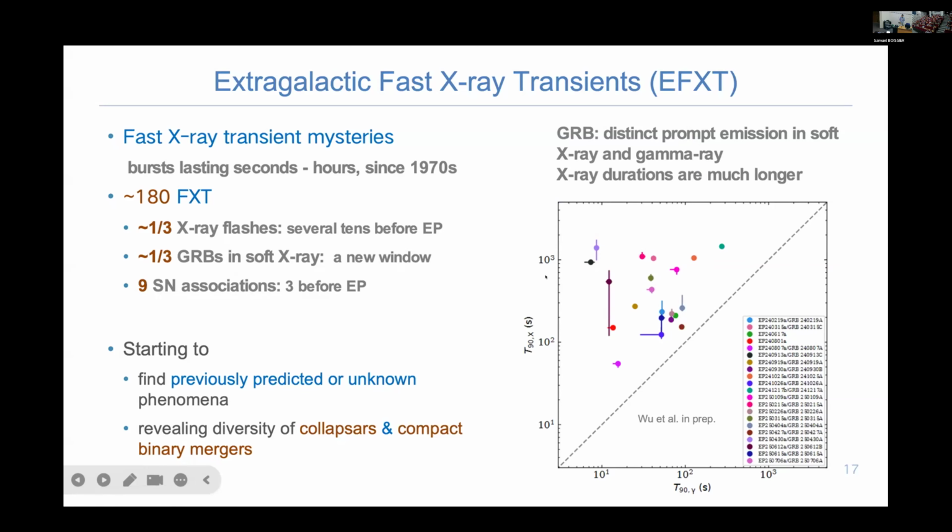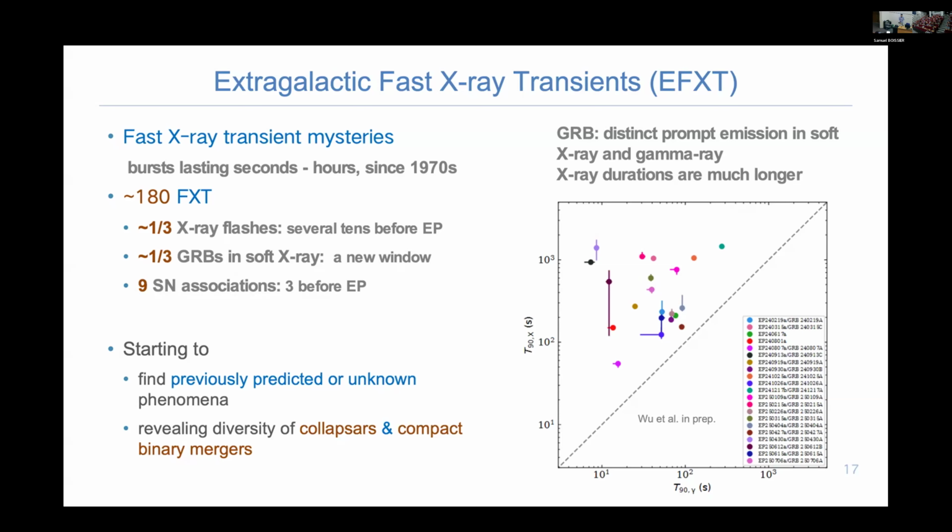So this is a plot to show the time scale for the soft X-ray and the gamma ray for GRB events. The dashed line shows where the two time scales equal each other. We can see the soft X-ray time scales are basically all greater than the gamma ray time scale for the prompt emission of GRBs.